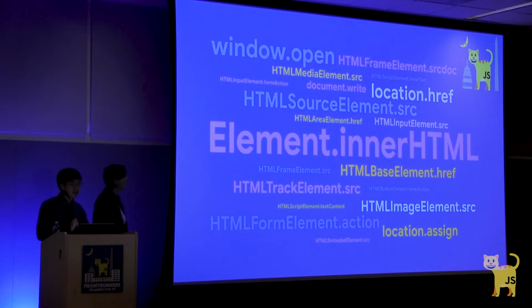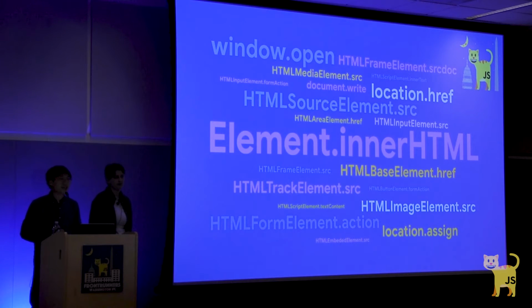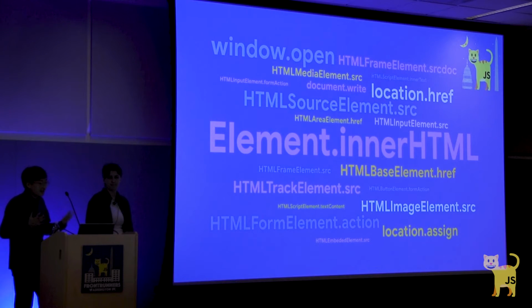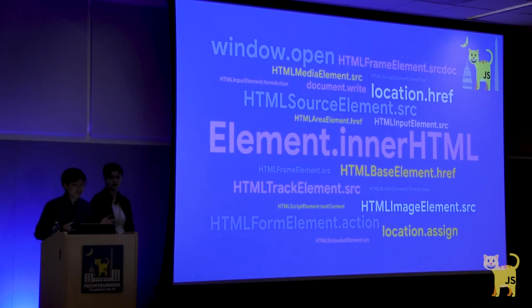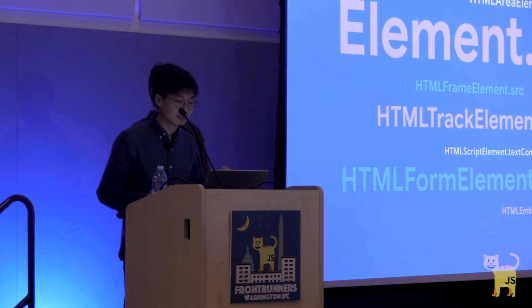There are over 60 of these different APIs that can turn any strings to code that's running on the page. And that's because the web platform was built to be dynamic as a core design principle. We really want to be able to change the code that's running on the page on the fly so that we can ship the most rich and dynamic user experiences to our customers.